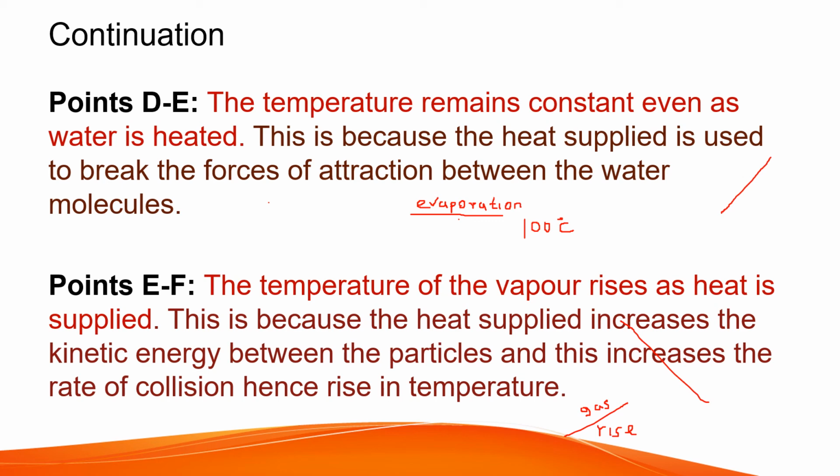So let's move on. We have moved from point A to B, B to C, C to D, D to E, and E to F. From A to B, we have said the temperature rises. B to C, temperature remains constant. C to D, temperature rises. D to E, temperature remains constant.